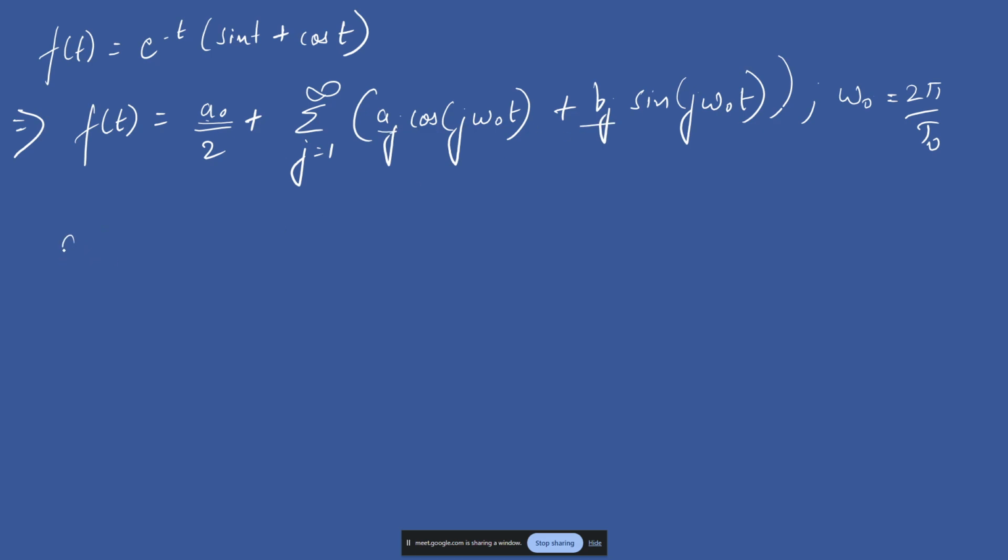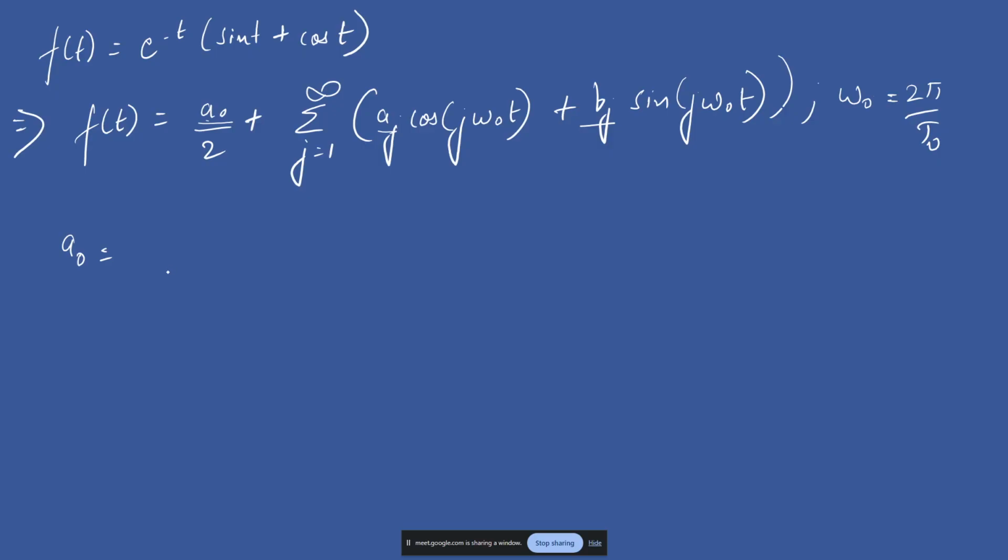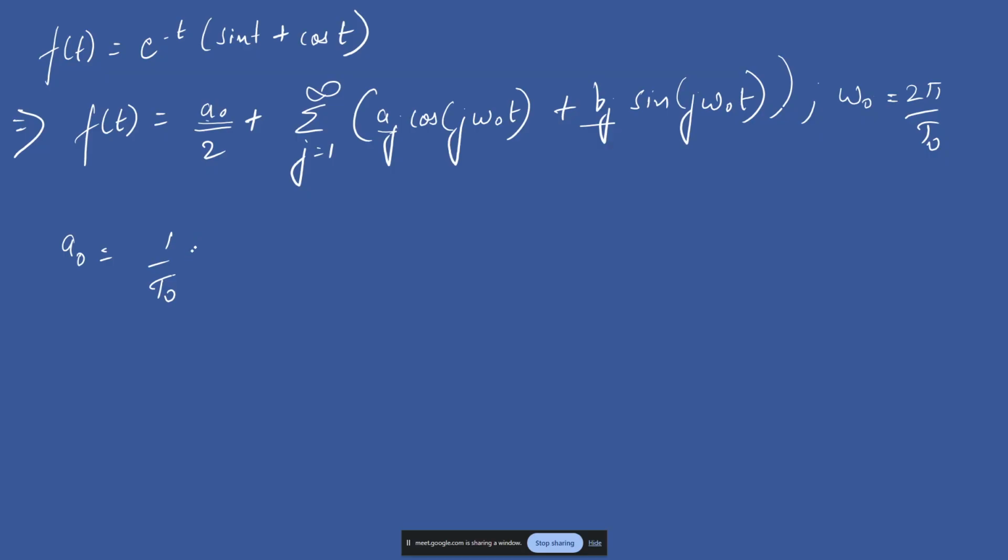Your a naught is usually given by 1 by T naught times the integral from minus T naught by 2 to T naught by 2 of f(t) dt.